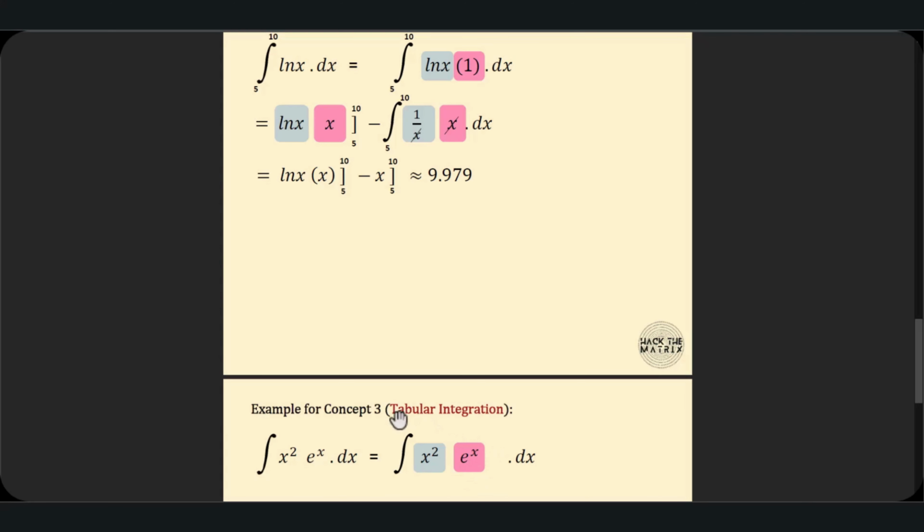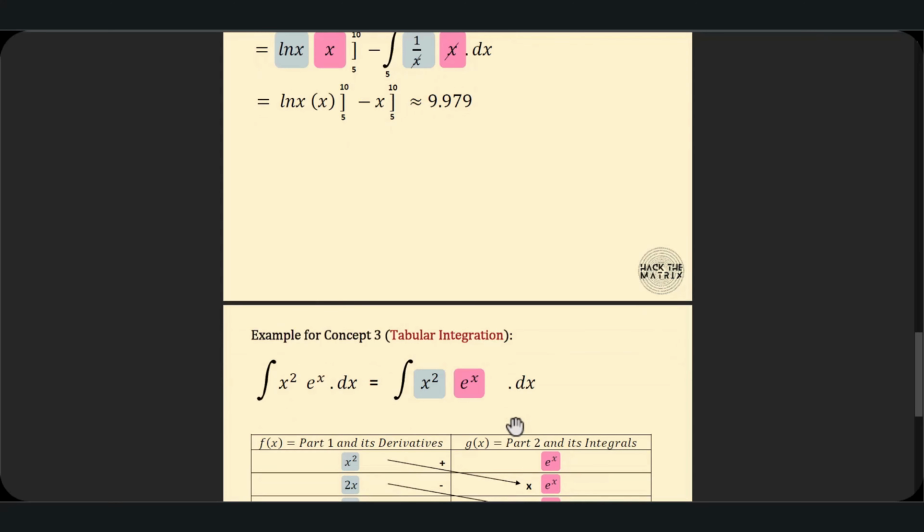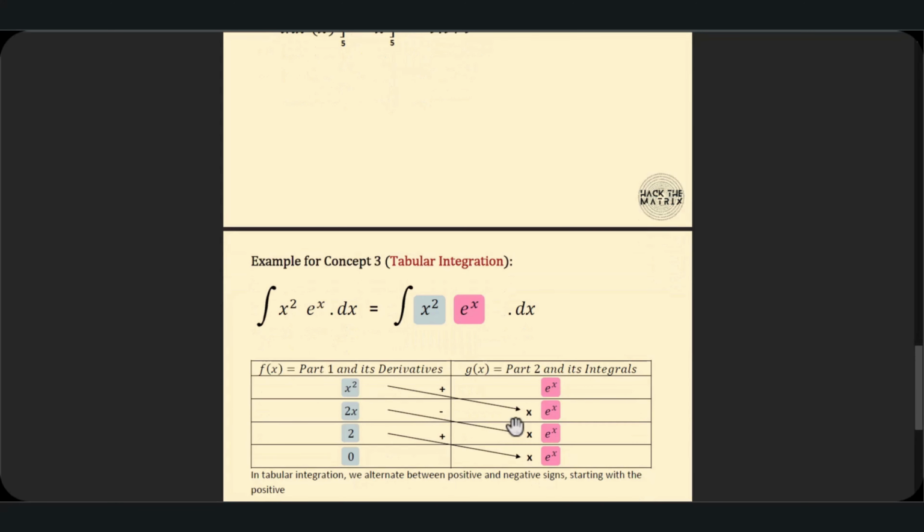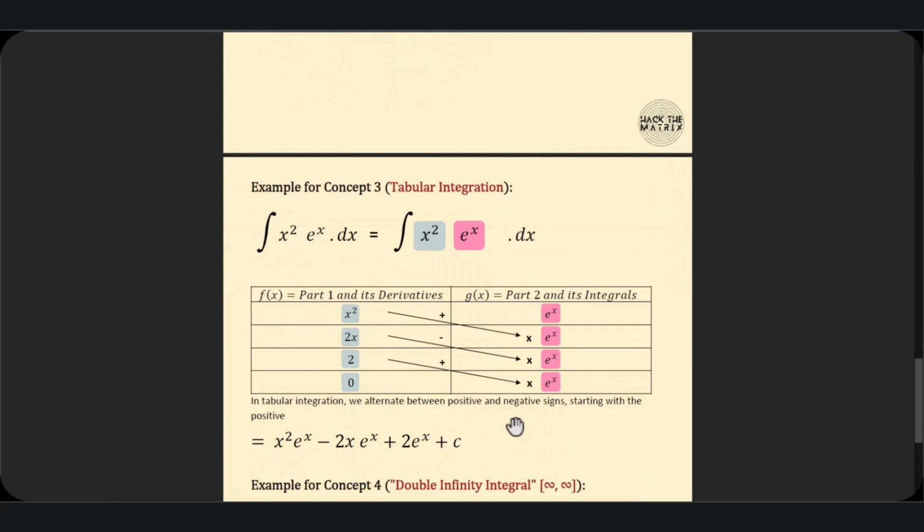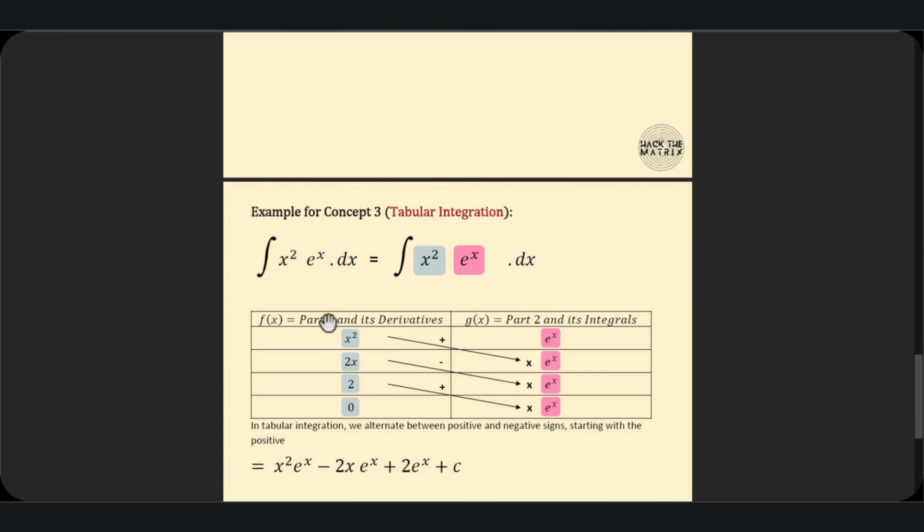I'm going to proceed with the tabular integration, which states that you need to choose the function as part 1, which is the function that we have chosen, x squared, and for each row you perform one differentiation operation. From x squared, the derivative is going to be 2x, and the derivative of 2x is going to be 2, and the derivative of a constant turns into 0.